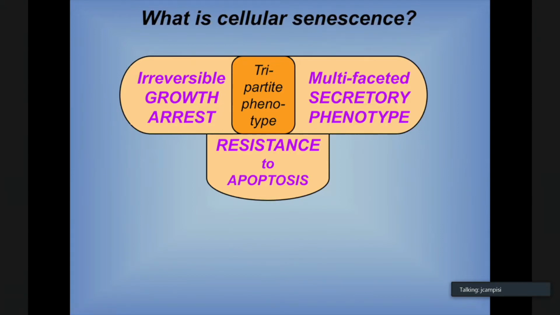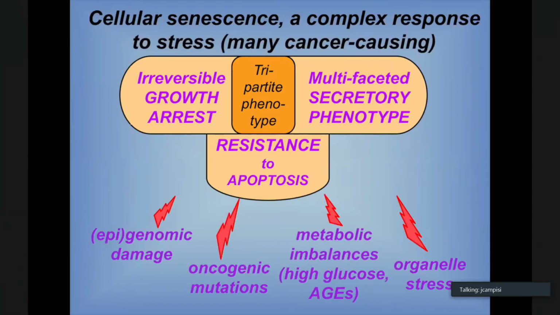So the first thing which you all know is that there are bad things that senescent cells do because they are caused by many cancer-causing and actually age-causing stimuli. And this includes things that damage the genome or the epigenome. Even though this growth arrest is a potent anti-cancer mechanism, many oncogenic mutations then induce this phenotype.